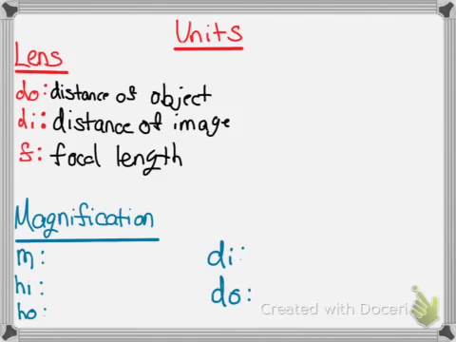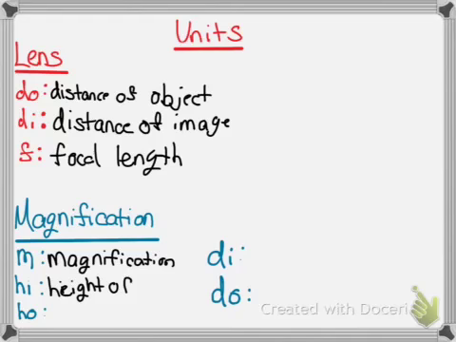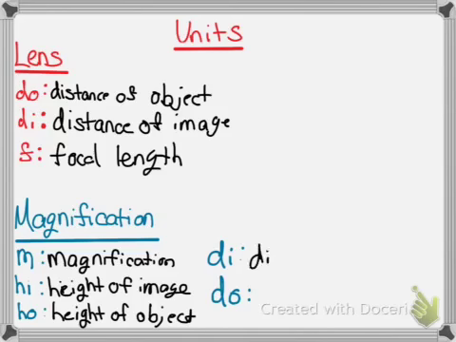M represents magnification. hI is height of image, hO is height of object, dI is distance of image, and dO is distance of object.